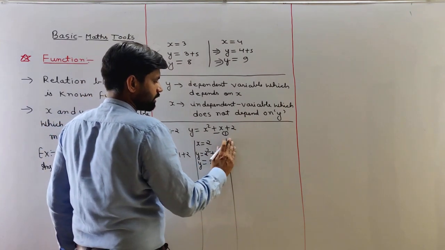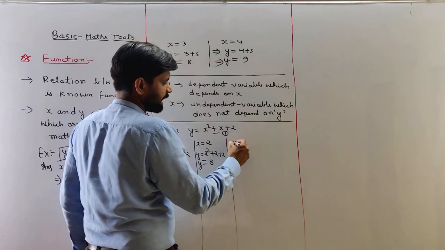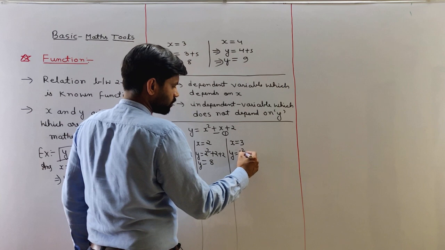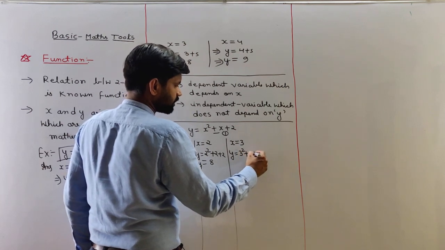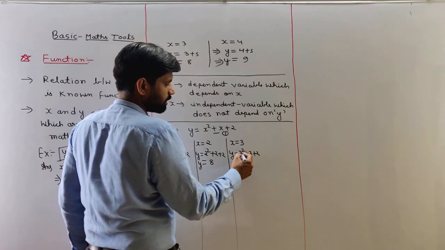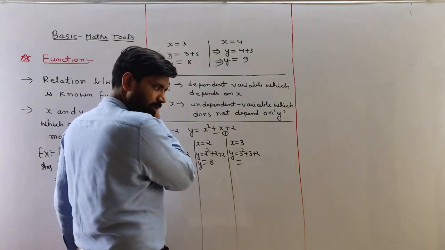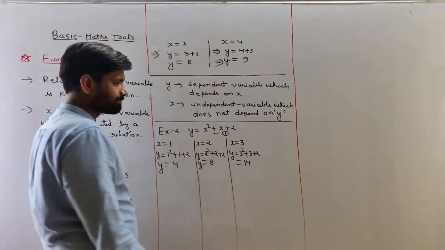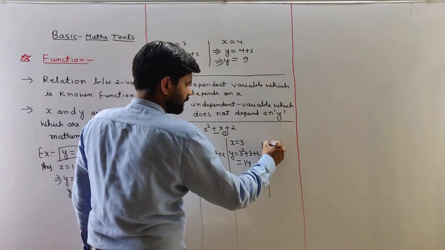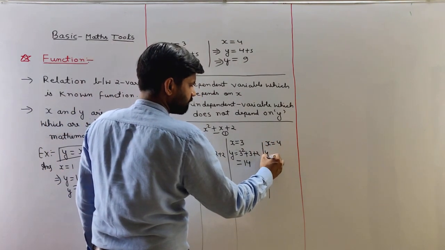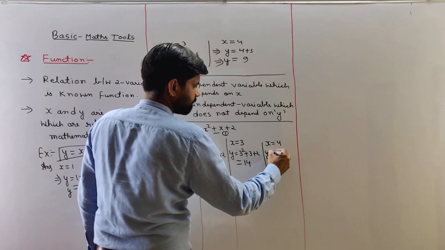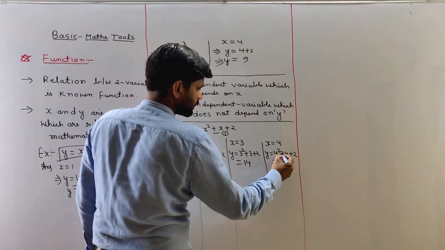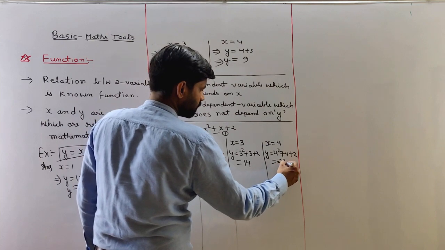If we put x is equal to 3, we get y is equal to 3 square plus 3 plus 2, that is 9 plus 3 is 12, plus 2 is 14. If x is equal to 4, we get 4 square plus 4 plus 2, that is 16 plus 4 is 20, plus 2 is 22.